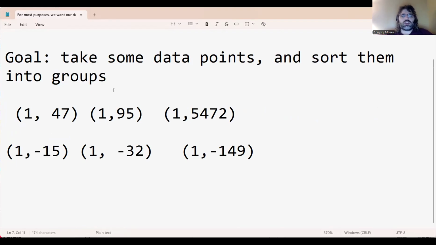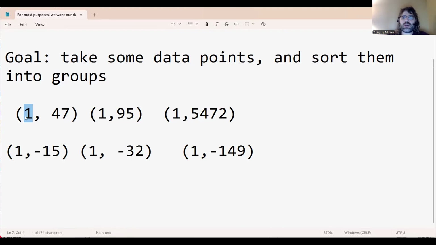We can sort the data based on whether the second component is negative or positive. We can't sort the data based on the first component because the first component is always the same. If we tried to sort it based on the first component, all of the data would have to go in the same group.